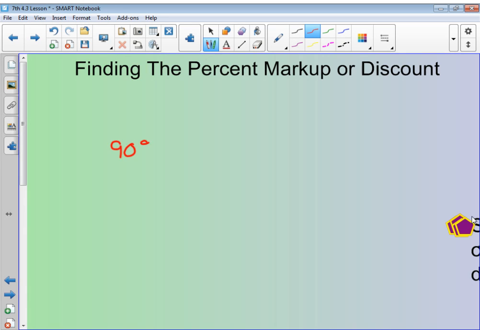We sold it for $117. That's the sale price.